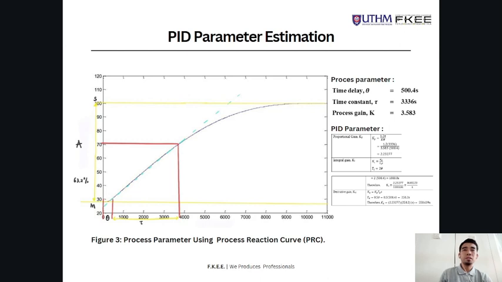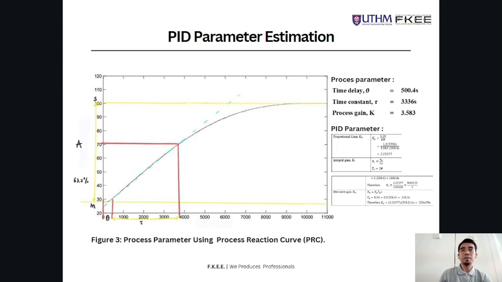And below the obtained parameters are the obtained PID parameters, using the Ziegler-Nichols tuning formula. After we apply the method, we have all these values that we expect to have for this project.